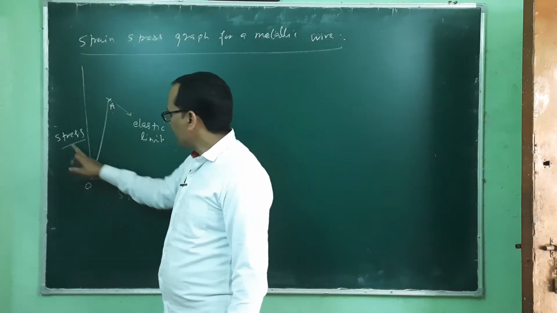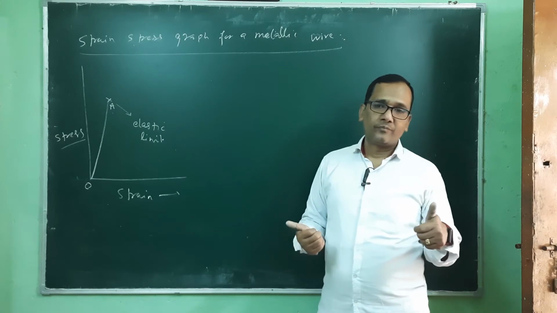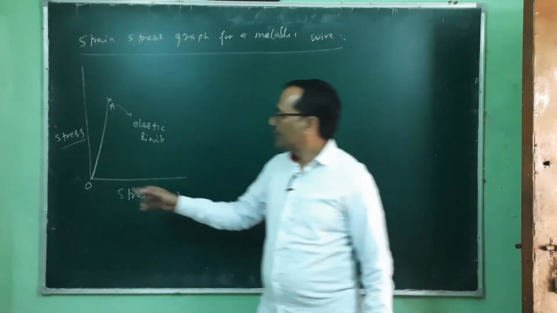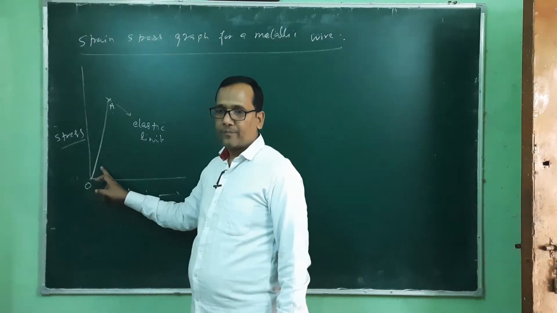Here the stress and strain change in a constant ratio. So if we want to calculate Young's modulus or modulus of rigidity, we just calculate the tangent of this particular graph, which is a straight line.